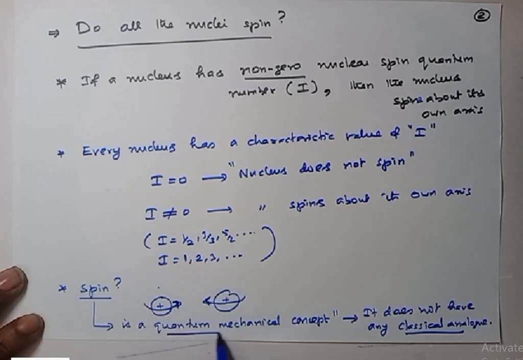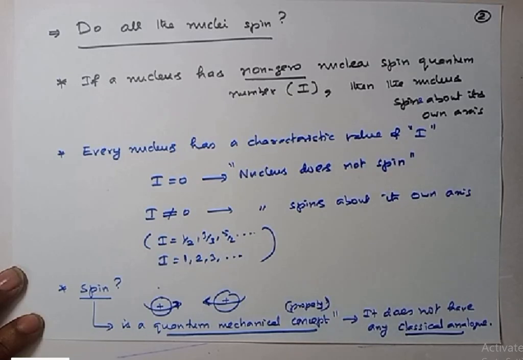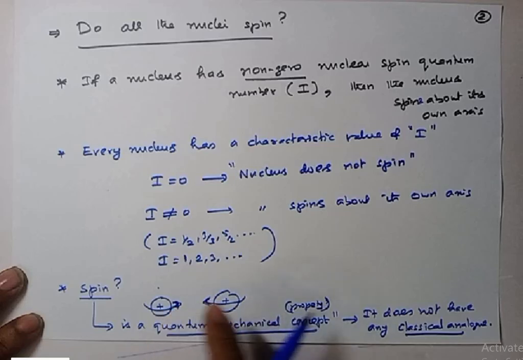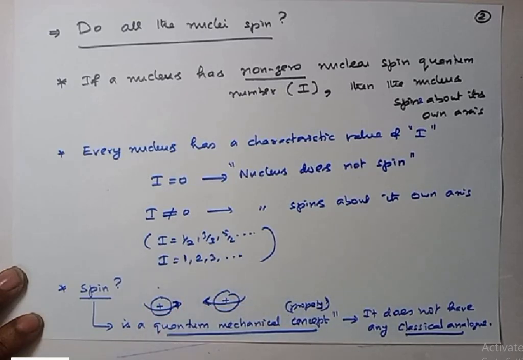Spin is a quantum mechanical property. It's completely a quantum mechanical property. Showing spin clockwise or like this makes it classical, since spin does not have any classical analog.